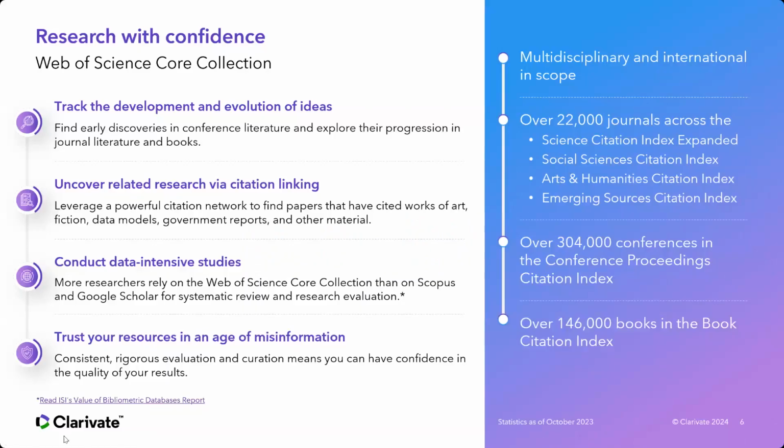It is a specially curated set of content that covers journals, conference proceedings, as well as books. So when I talk about curation, what we do is before any journal can be included into our Web of Science core collection, they have to be evaluated based on our very strict 24 quality criteria.